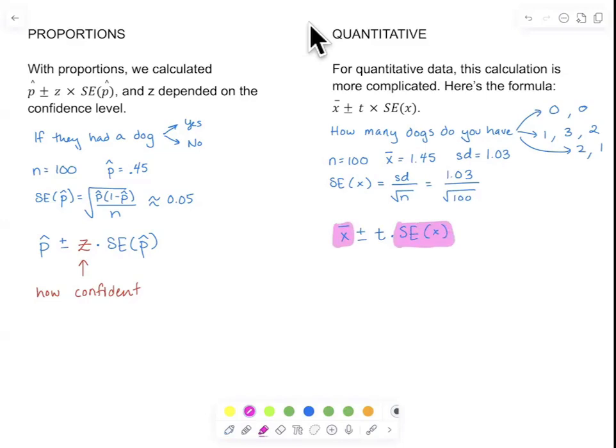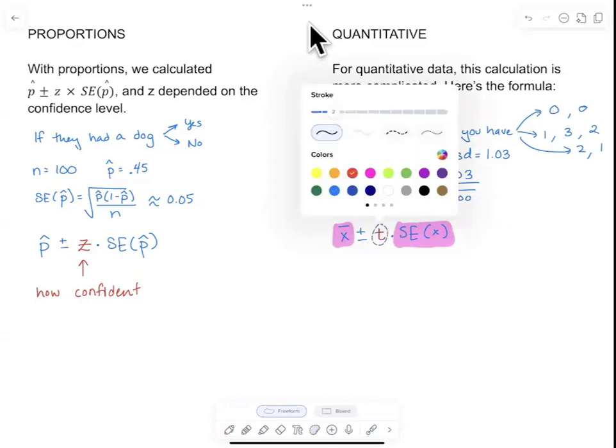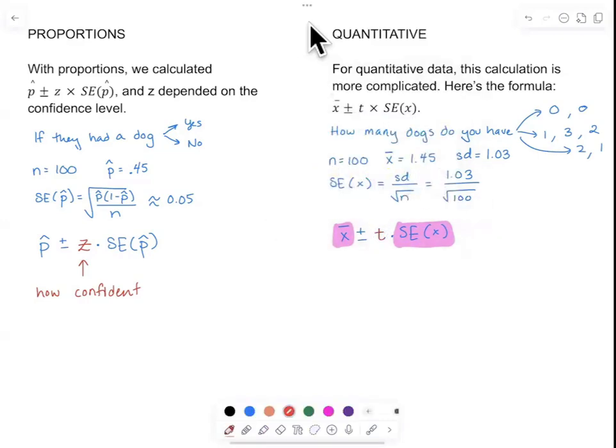What's different is that this t, and let's make it red to match the z on the other side, depends on two things. It depends on how confident you want to be, but it also depends on how big your sample is, meaning it also depends on n.